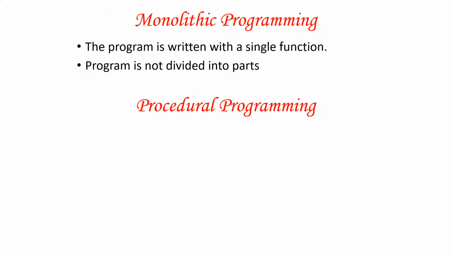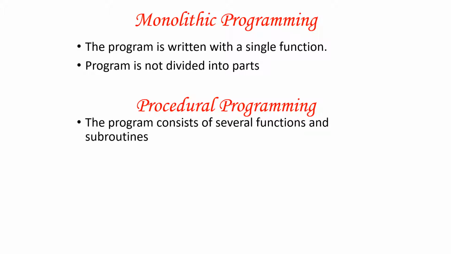Procedures and functions are small program blocks that help to decompose or reduce the complexity of the program. In this type of programming, the program uses several functions and subroutines. The functions can also be called procedures or methods. A good example of procedural programming is the C language.